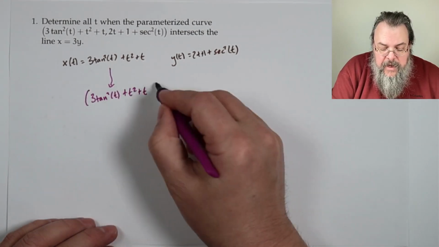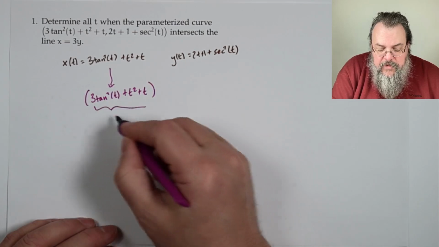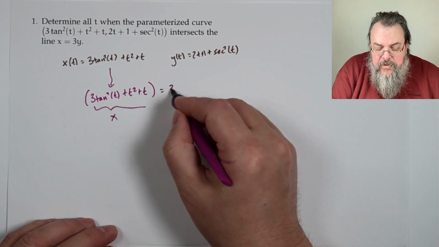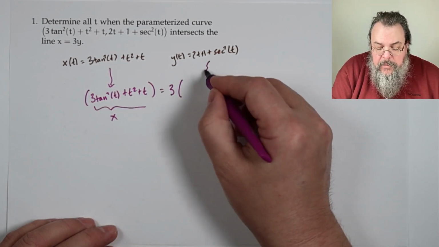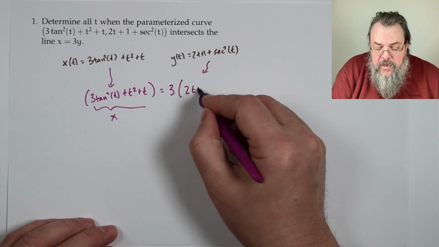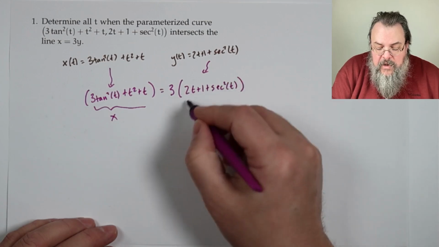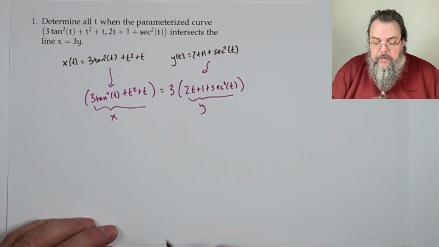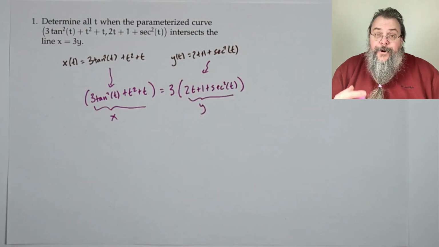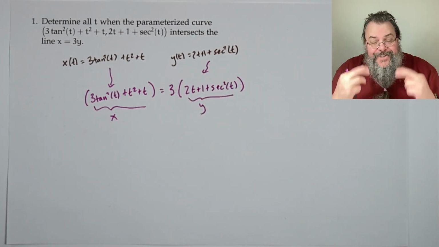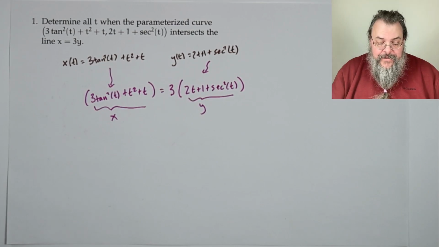Okay, here's our x, and we're just going to emphasize x equals 3. And plug in this expression, 2t plus 1 plus secant squared of t. And here's our y. Now, hopefully, fingers crossed, we'll be able to make some progress.